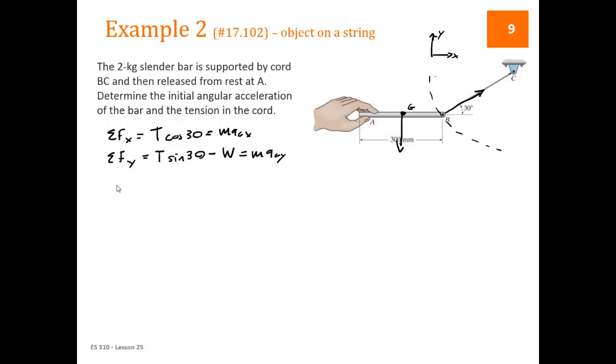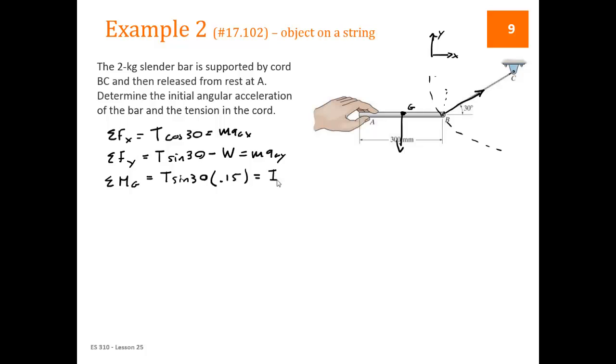We need our rotation equation. So the sum of the moments around G is equal to, we've got the tension, and the part of the tension that causes a moment around G is this perpendicular part. That's the y part, so T sine of 30 is the y part of the tension, times the perpendicular distance, which is half of the length, so 0.15, and that is going to equal I for the rod around its center of mass.